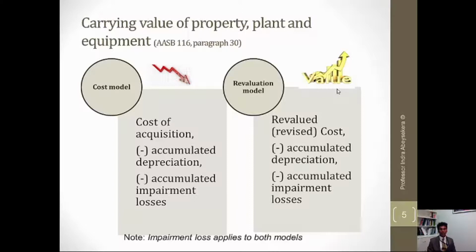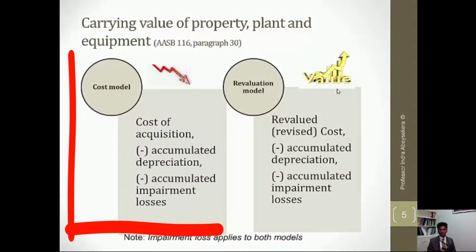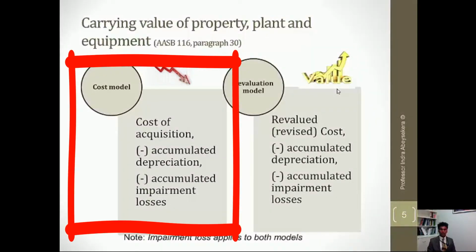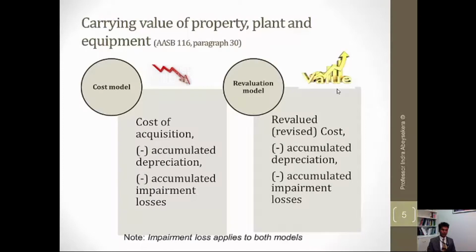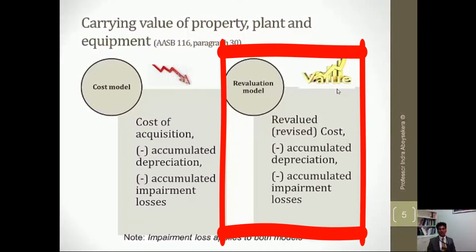Under the cost model, you take the cost of acquisition. That doesn't change. But under the revaluation model, the initially recorded cost can get revised up or down. That is called the revalued cost.